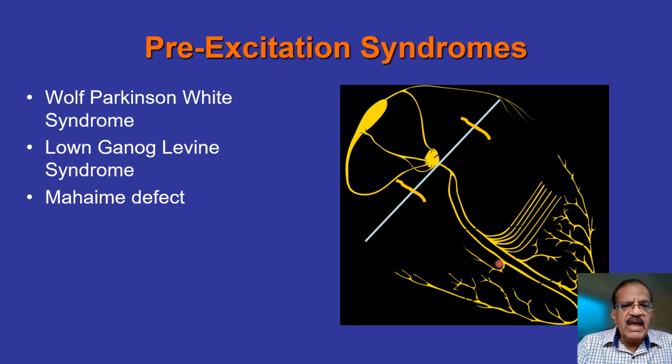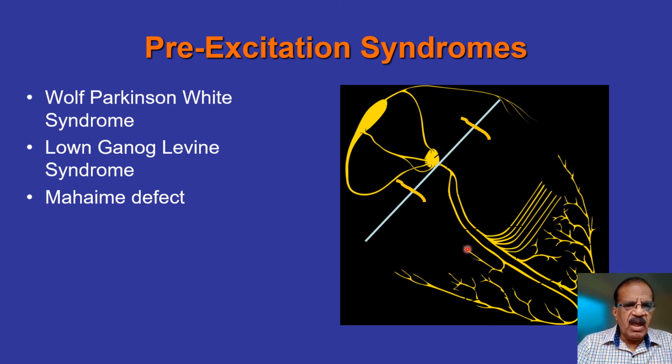Now there could be another abnormality. So far we have discussed the conduction problems, the blocks, but there is a condition called pre-excitation. The function of the AV node is to hold the current for some time, but that will happen only if the AV node is the only gateway to the ventricle, as is the normal case. But in some conditions, there may be an anomalous pathway.